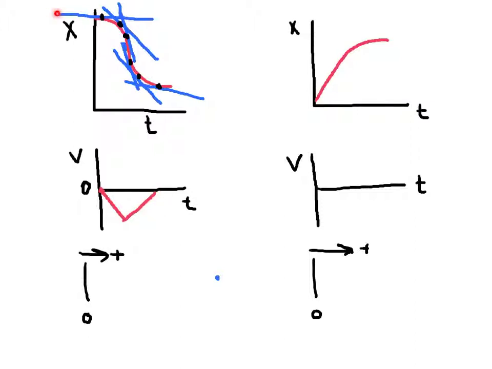So again, these slopes start shallow, get steeper, and then they get shallower again. So these arrows then are going to start short because of small velocity, and then they're going to get longer as we go. So a short arrow, a little bit longer, a little bit longer. But then they're going to start getting shorter again because these values are going to get smaller now as it approaches 0.